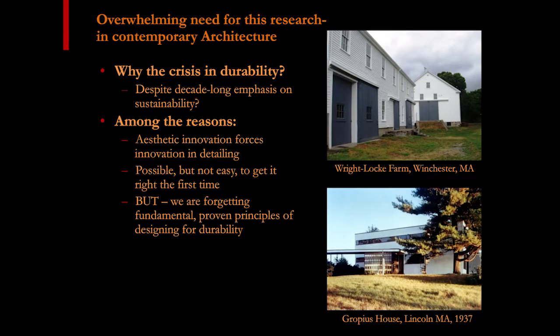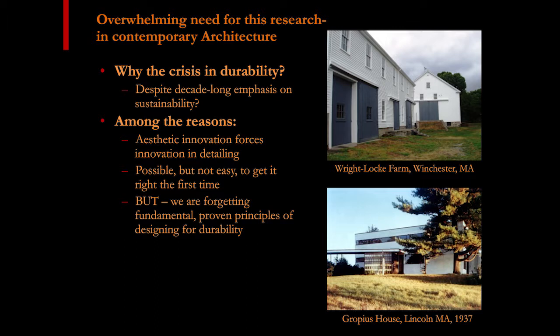So how was it that farmers were getting this right and building durable buildings all around New England? This is a farm in my town of Winchester. And then you can have these very talented architects that come in and are aesthetically inspired by this and do their own thing and have massive problems with durability from day one. So it's counterintuitive, but I think there are a few reasons.